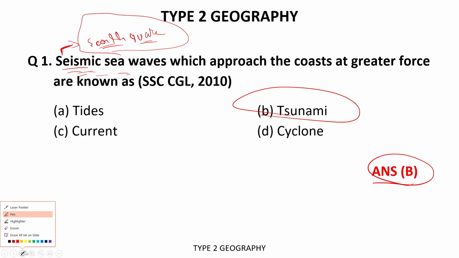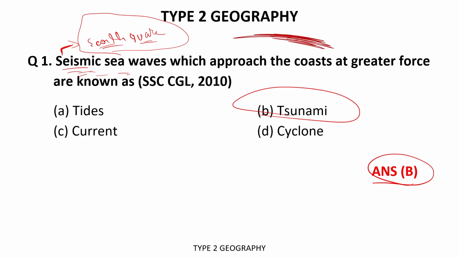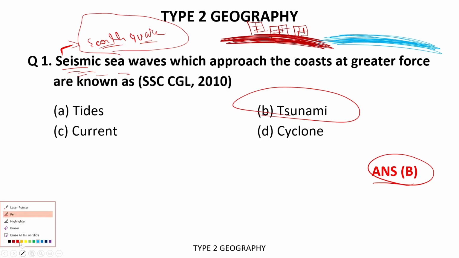Let me make a diagram for you so that you can understand better. Suppose this is the land part, here is your city and whatever soil is there. Then there is a sea part here. Whenever the earthquake occurs here, it will not only have a force on the land part, but also on the sea part.